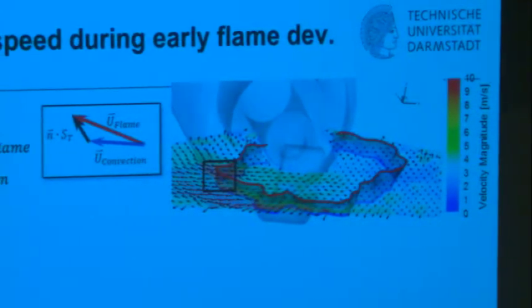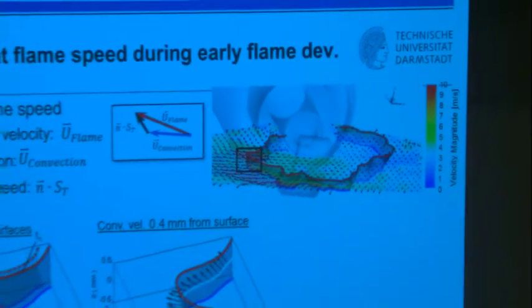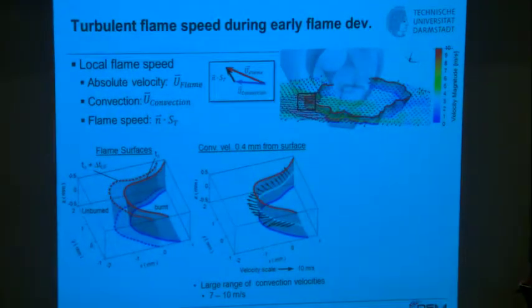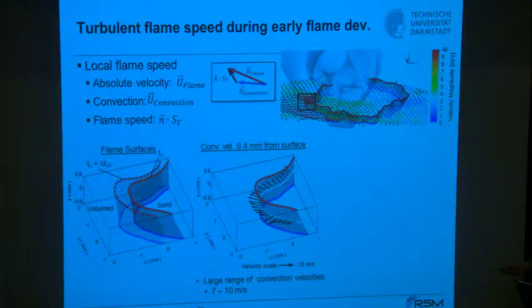The same as we have seen before. I don't have to go into detail. I think the only thing I should really stress during this explanation is the convection velocity has been taken 0.4 millimeters in front of that flame front. That's very important. You have to do that.